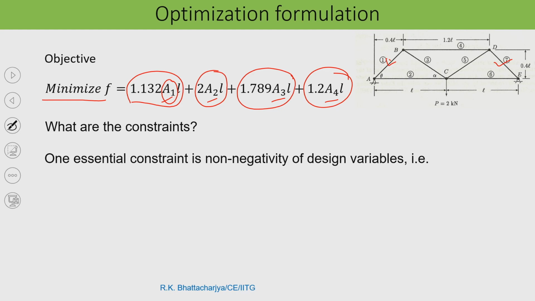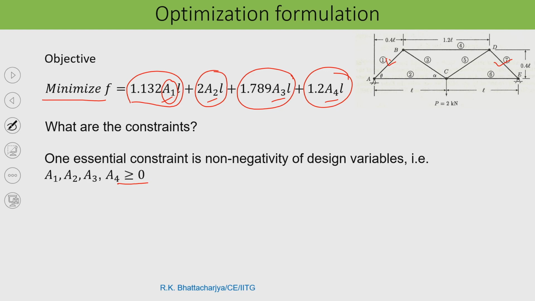The design variables here are A1, A2, A3 and A4, and these variables cannot be negative. This cross section cannot be negative. Therefore, the non-negativity of the design variables is one of the essential constraints. You should always put that one, and therefore A1, A2, A3, A4 should be greater than or equal to 0.